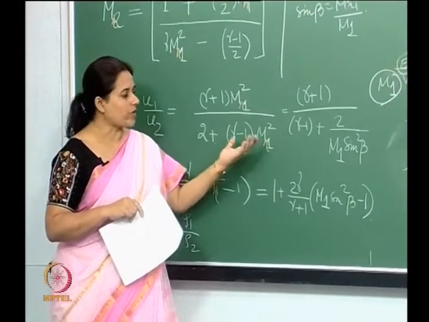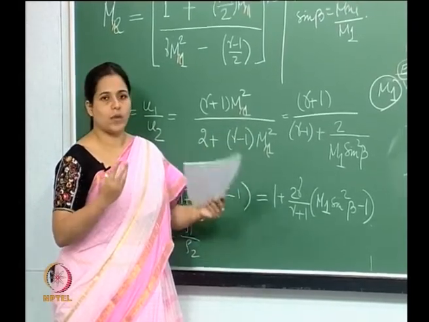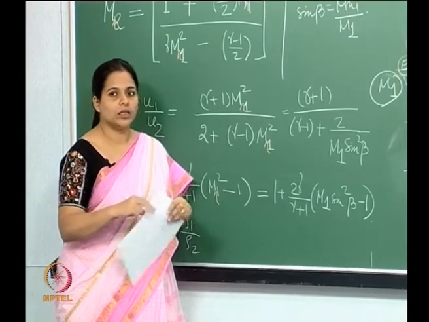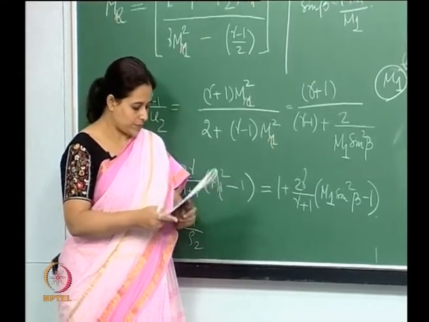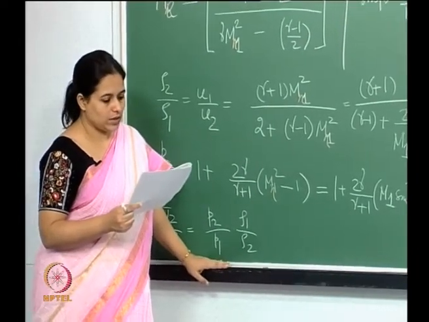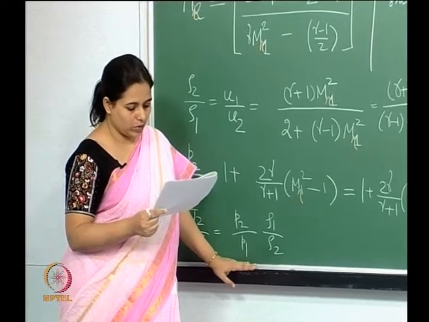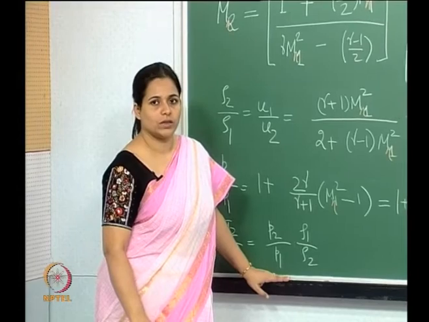And the shock wave angle we can increase or decrease by a change in M1 and the geometry of the body. So I think what we shall do is do a problem and see how we can relate this.